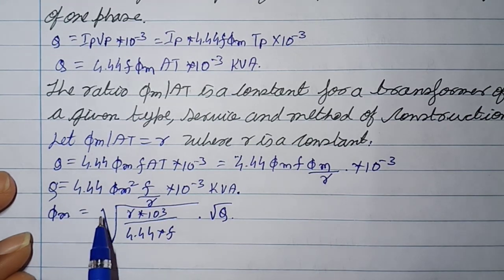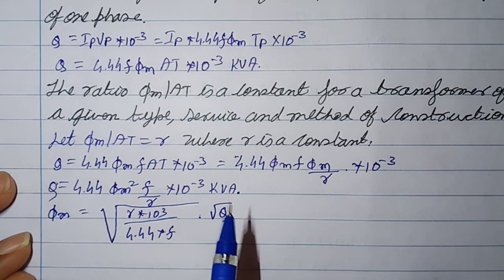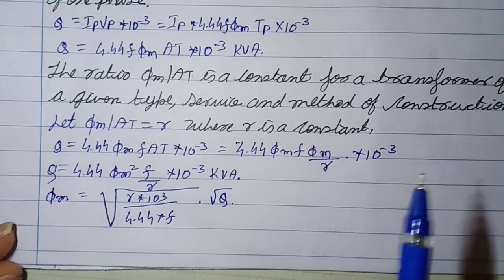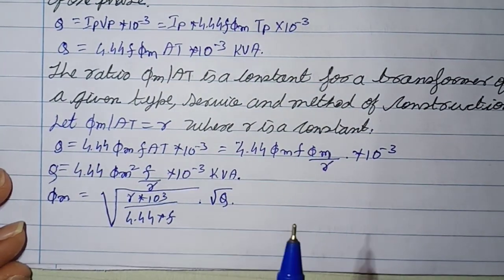So phi m will be the square root of that. That is what is being done here.